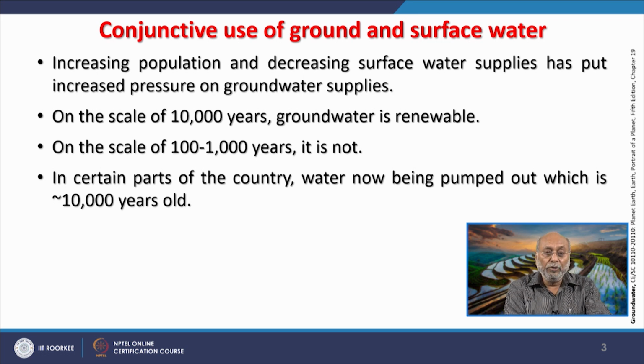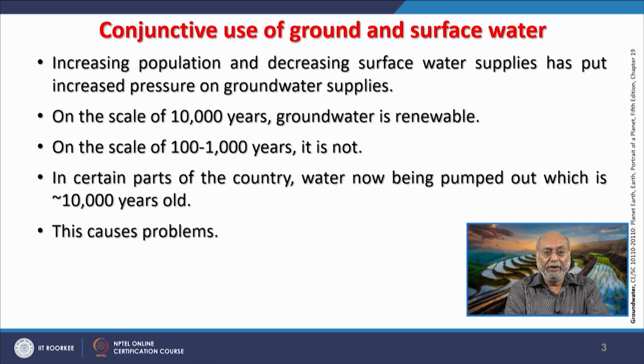As we know, in certain parts of this country, water now being pumped out is about 10,000 years old, and that means we are going to exhaust whatever groundwater is available at places, and further that also means that we are going deeper and deeper in the wells.